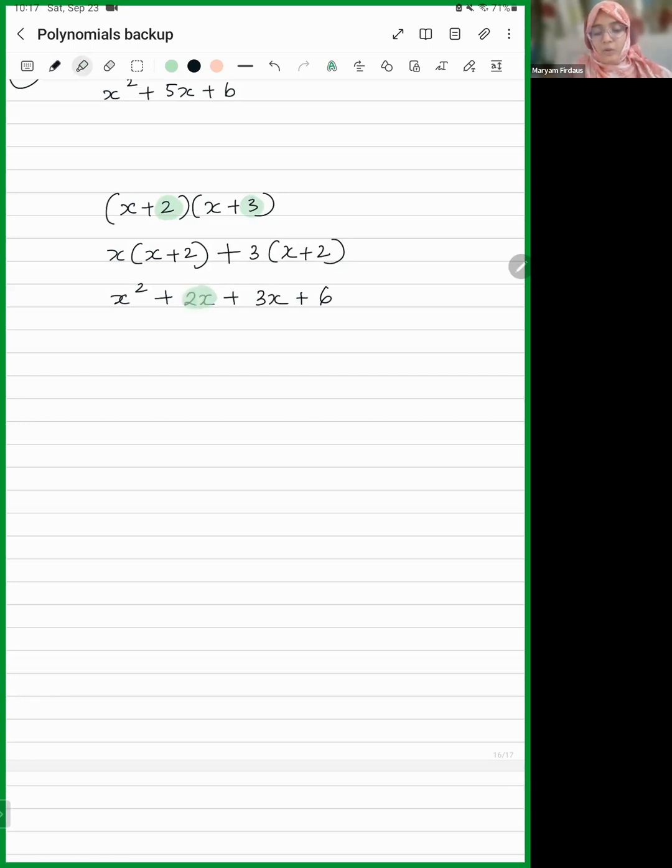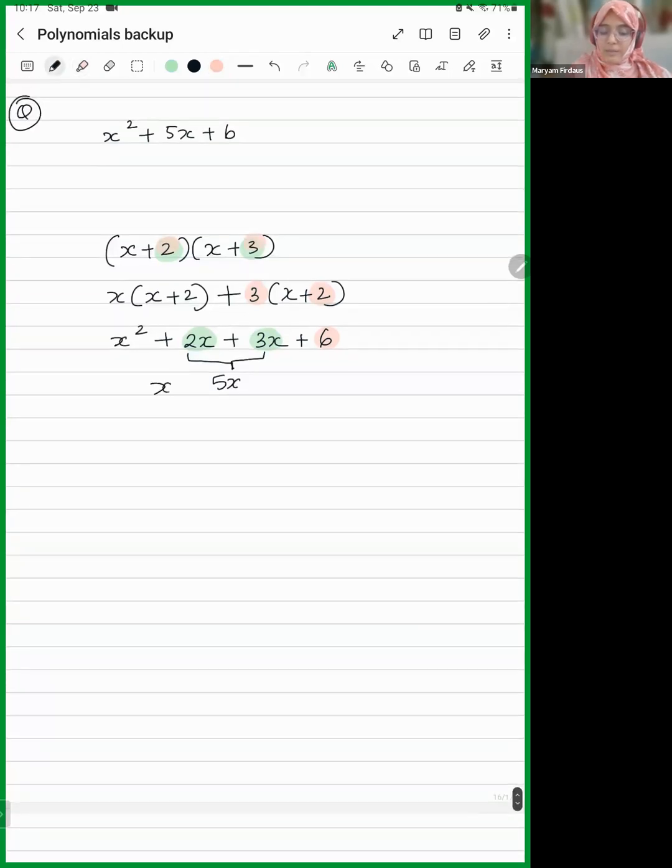First, we are adding 2 and 3, 2x plus 3x, so that gives us 5x. And over here, we are multiplying 2 and 3 and that gives us 6. So these two are supposed to be added and also multiplied. Do you see how we are getting x squared plus 5x plus 6?